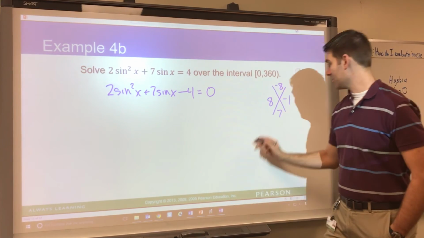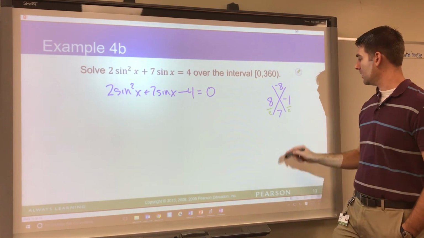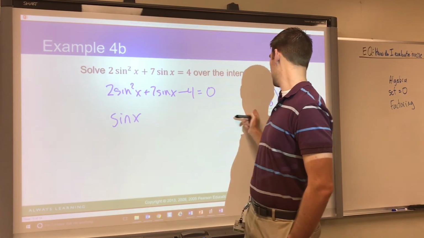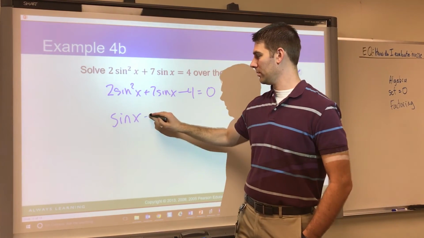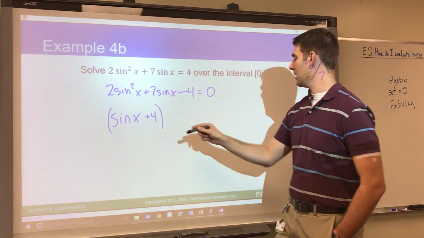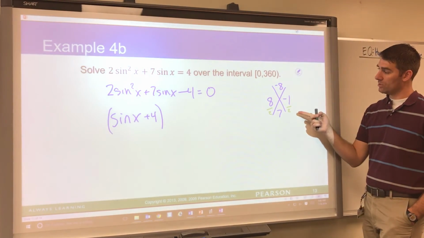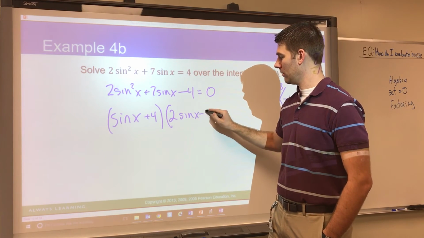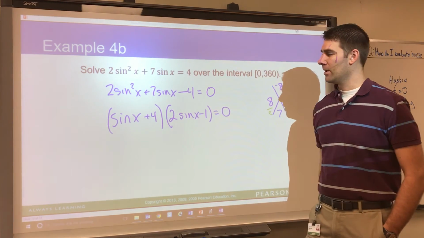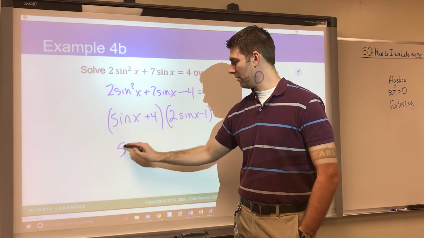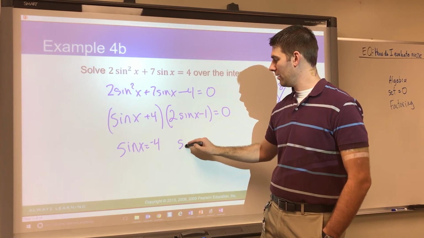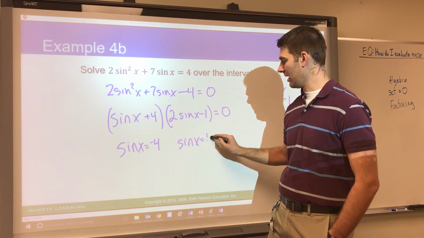I'm going to divide each of those by 2, and I'm going to get sine x plus 4, and I'm going to get 2 sine x minus 1. All right, so when I go to solve, sine x equals -4, and sine x equals 1/2.